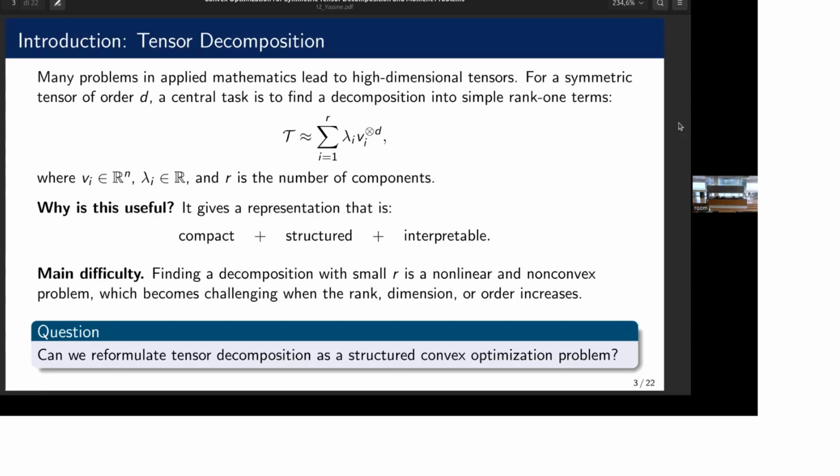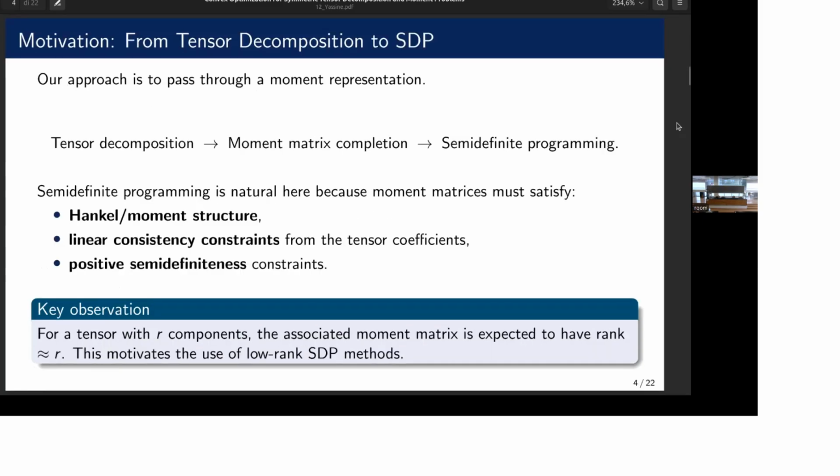The main question here is: can we formulate this problem as a convex optimization problem? Our approach is to pass through the moment representation. The main pipeline is to take our tensor decomposition problem, reformulate it as a moment matrix completion problem, and use semidefinite programming to solve these kinds of problems.